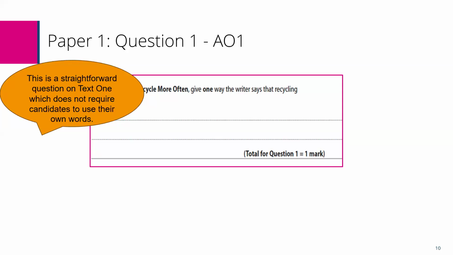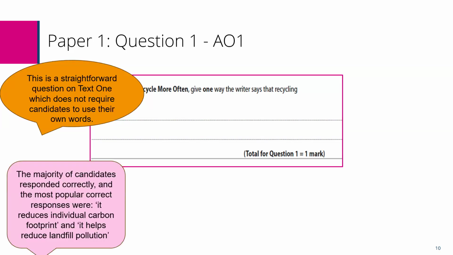So a straightforward question on text 1, which does not require candidates to use their own words. The majority of candidates responded correctly, and the most popular correct responses were: it reduces individual carbon footprint and it helps reduce landfill pollution.